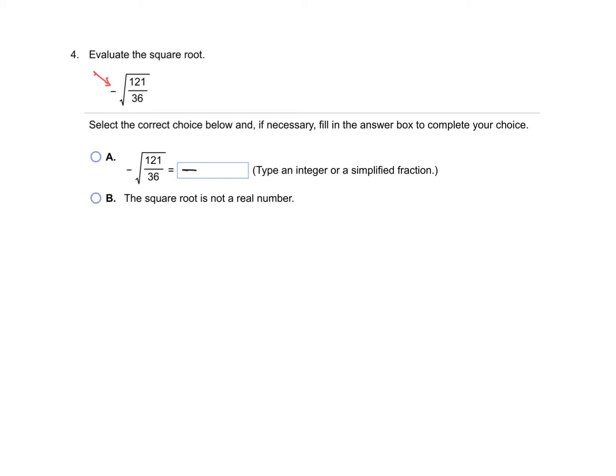Okay, so now what are we doing? We're basically saying the square root of 121 over 36. And what you need to know here is that you can split the square root to the top and to the bottom separately. And if we say, what's the square root of 121? What number times itself is 121? It's 11. On the bottom, square root of 36, what number times itself is 36? It is 6.